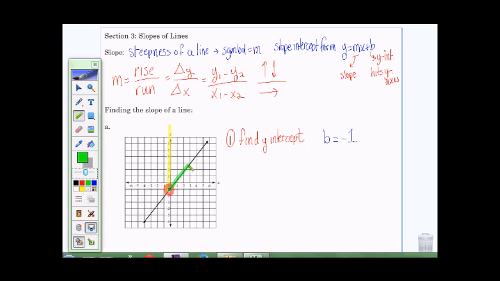That's a perfect point right there. Right now I'm just identifying the point. I moved from my y-intercept up the line and found my next perfect point. So that's our second step.